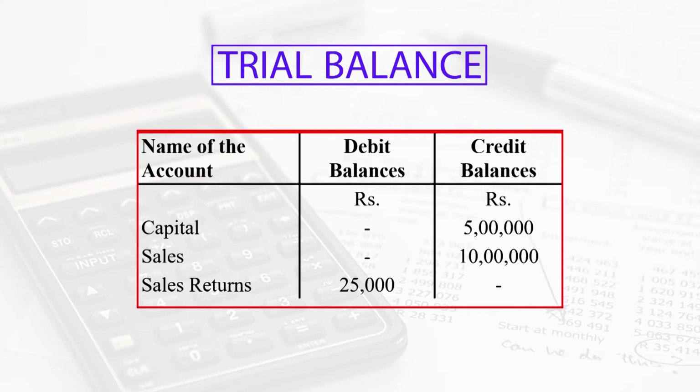Capital account has a credit balance, so we have a credit balance of capital of rupees 5 lakh. Then sales is a revenue for the business, and all revenues have a credit balance, therefore sales has a balance of rupees 10 lakh. Then sales returns always have a debit balance, because sales have a credit balance, so sales returns will have a debit balance of rupees 25,000.